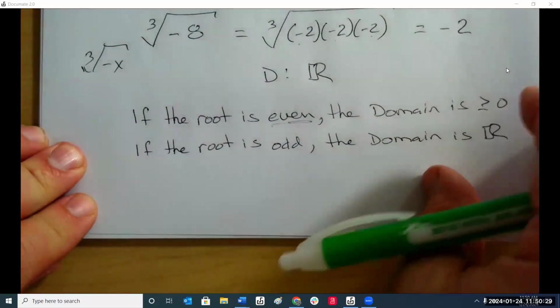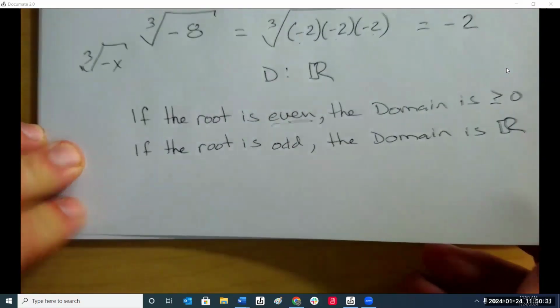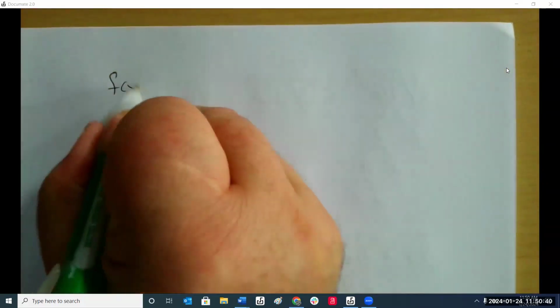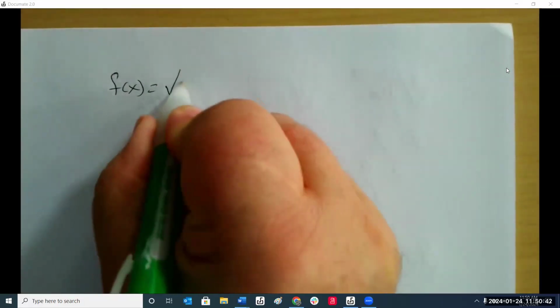So what would the graph of radicals look like? Let's look at it. Let's say we had f of x equals the square root of x, the basic symbol of that.